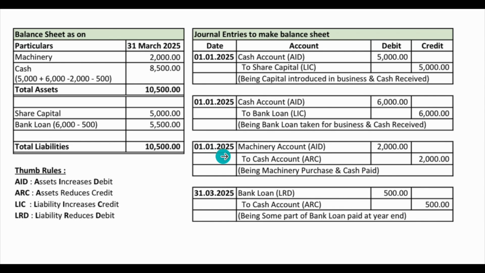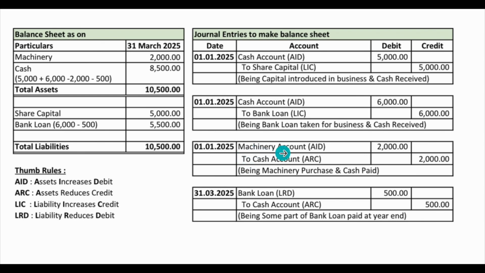Now let us assume on the same date you purchase machinery for doing business. So machinery comes on the balance sheet asset side, which increases. You can see here on the balance sheet asset side machinery 2,000, and your cash to that extent reduces, so minus 2,000, and thus your balance sheet tallies.